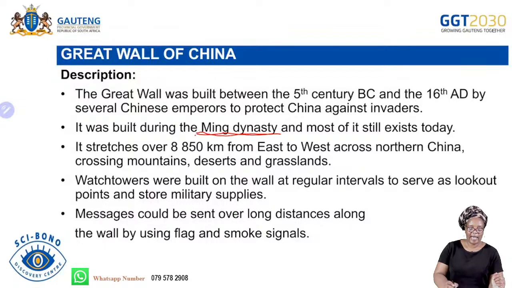It stretches over 850 kilometers from east to west across northern China. It crosses mountains, deserts, and grassland. Like we have said, it is the longest wall that was ever built.